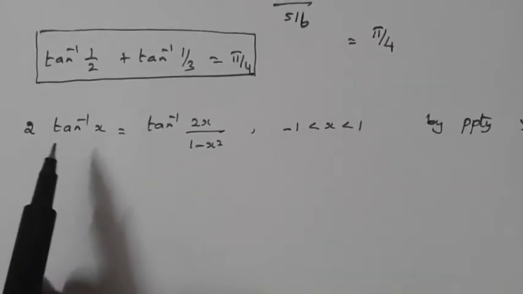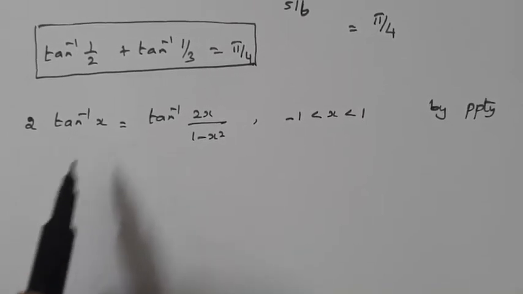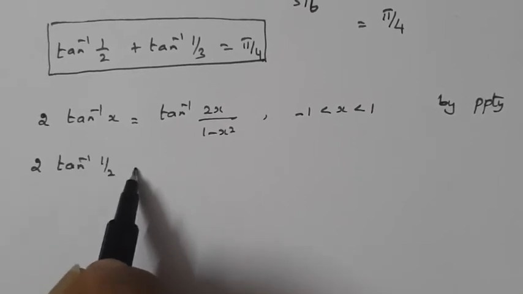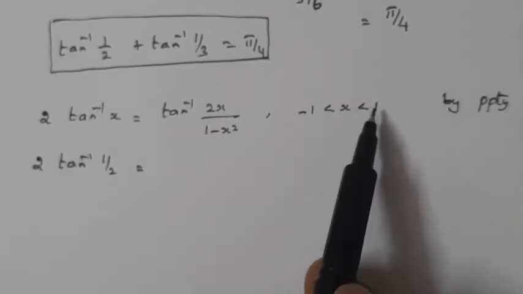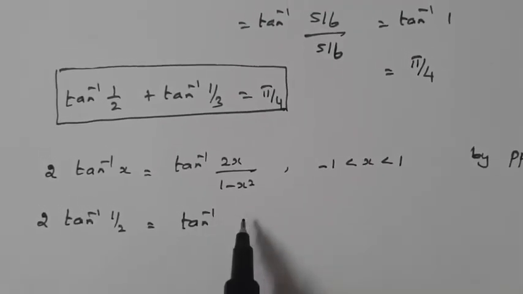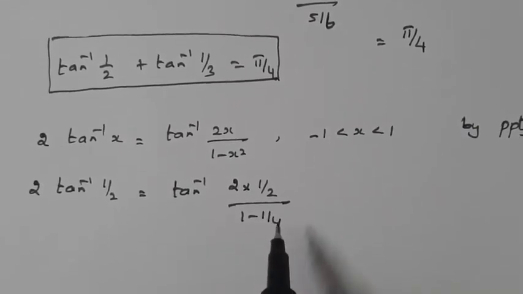Now, we are going to apply this one for 2 tan inverse of 1 by 2. Because 1 by 2 lies between minus 1 and 1, we can apply it. So, 2 tan inverse of 1 by 2 is equal to tan inverse of 2 into 1 by 2 divided by 1 minus 1 by 4.